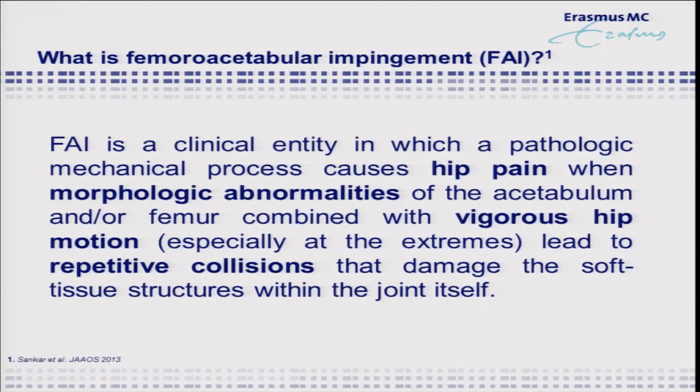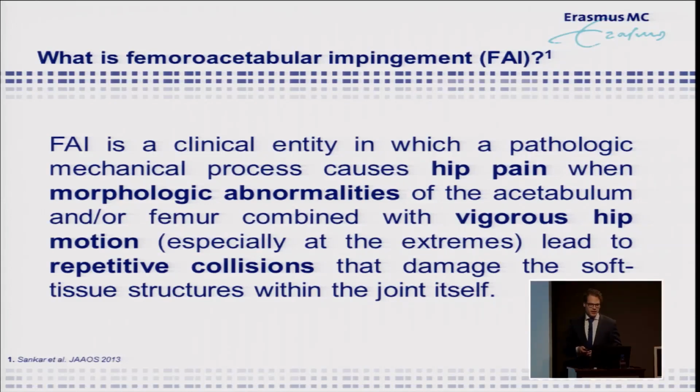To give answers on these questions, I will first explain a bit what is femoroacetabular impingement, or FAI. This is a bit of a theoretical definition, but there are 4 important elements in this definition. FAI is a clinical entity which causes hip pain. So in the previous case, there was no hip pain. The athlete was asymptomatic. So based on this definition, there was no FAI basically.